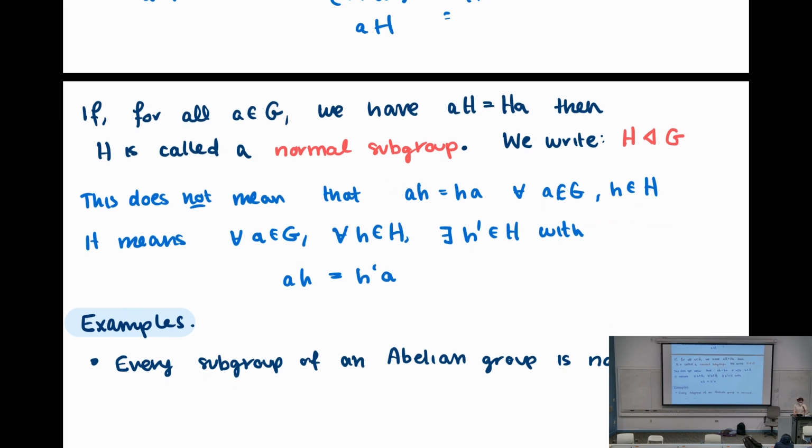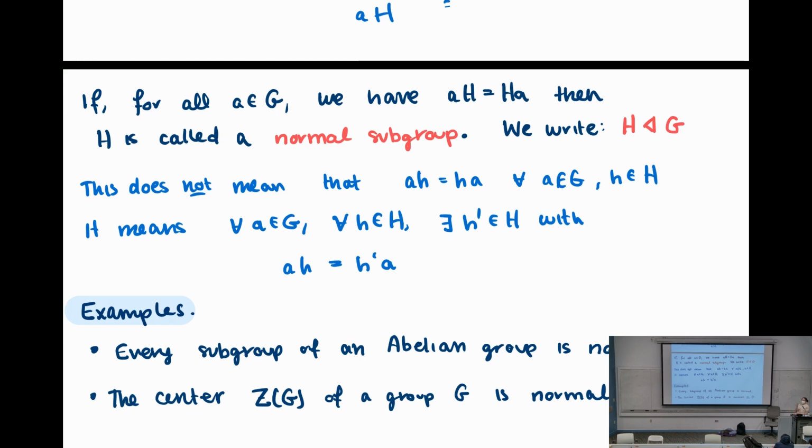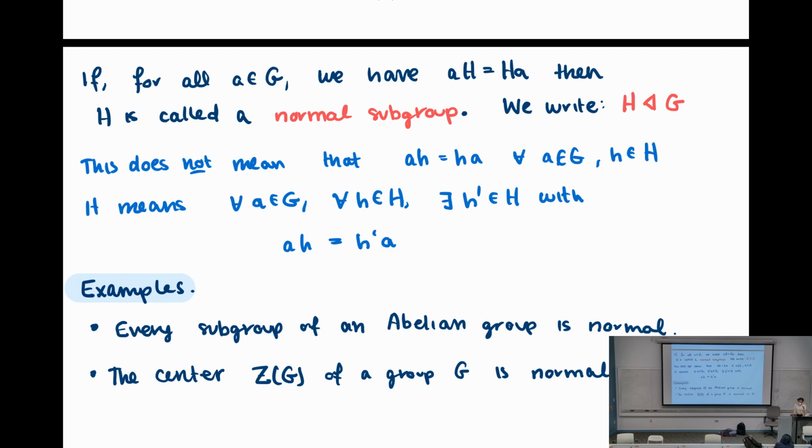And by similar reasoning, the center Z(G) of a group G is normal in G. Okay, again, because what is the center? The center is all of those elements of G who commute with everybody. So clearly that means if I have an element in G, I can just commute it with an element of Z(G). Okay.